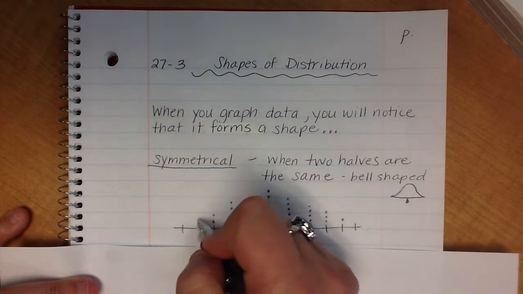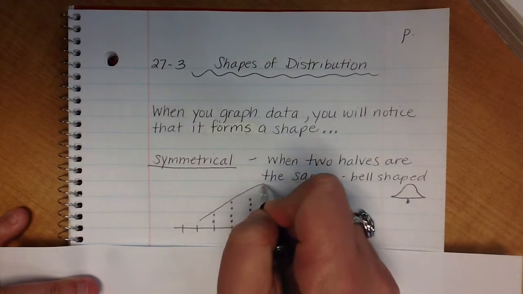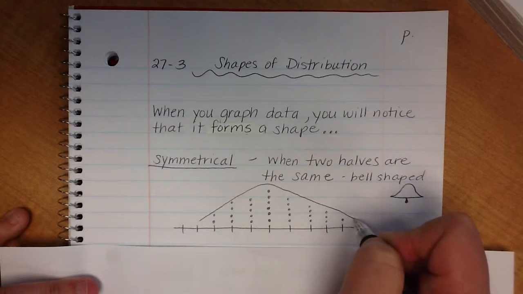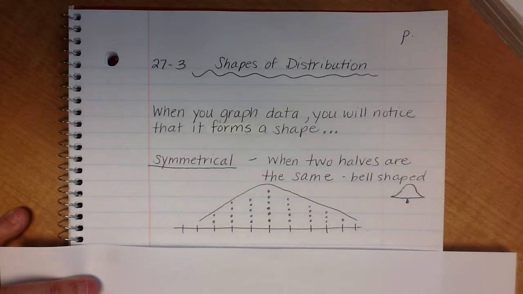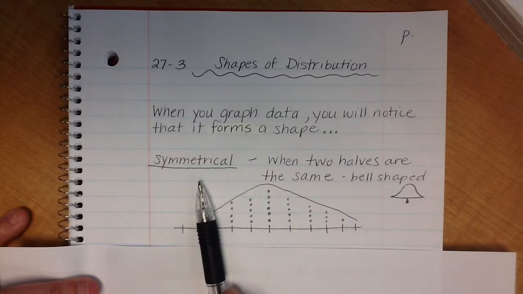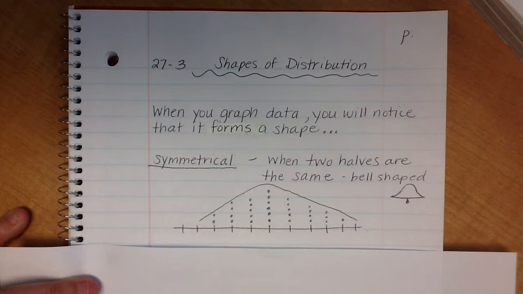If you drew a line loosely around the data points, it would look like a mountain or bell shape, and so basically you have two halves occurring. One half here, one half here. They are about the same. We call them symmetrical. So we say the distribution of the data is symmetrical.